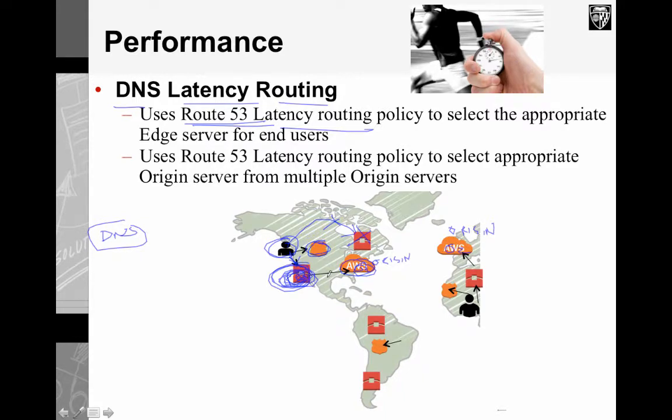The edge server ends up going to the origin server in the East Coast because it's the closest based upon DNS latency-based routing. So the point I'm trying to make is DNS latency-based routing policy is used not only to find the appropriate edge server for the end user, but also to find the appropriate origin for the edge server to connect to get the content.